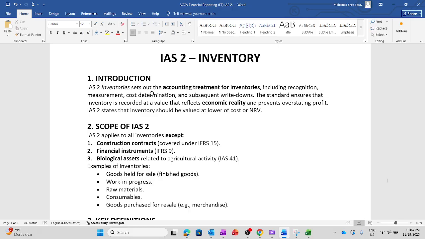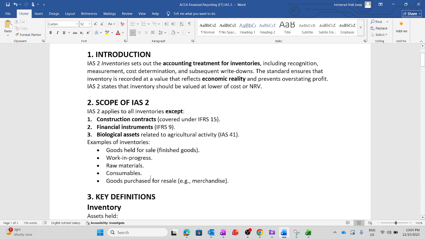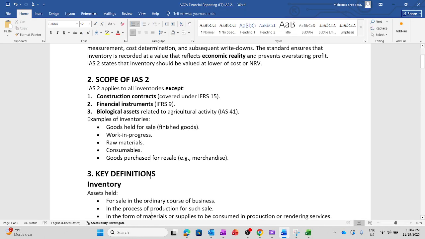So now we are going to look at the scope of IAS 2, which is very important for us to understand. IAS 2 applies to all inventory except for construction contracts covered under IFRS 15, revenue from contracts with customers, and we are going to understand why we are not going to account for construction contracts under IAS 2.